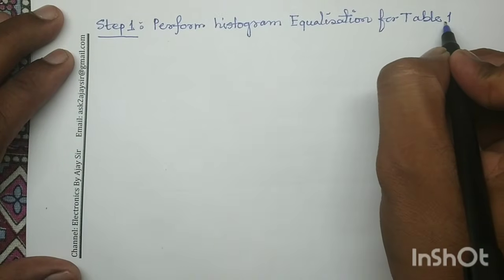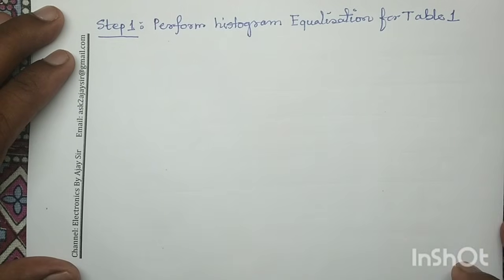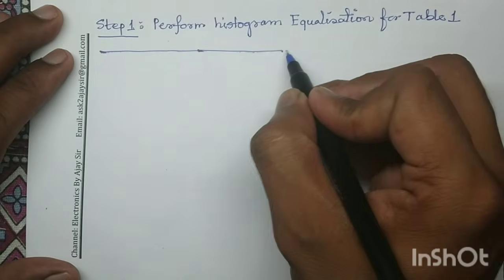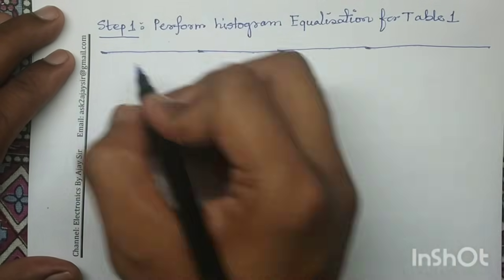That is, first we have to perform the histogram equalization on the input image pixel distribution table. So we will make a table for histogram equalization for table 1.